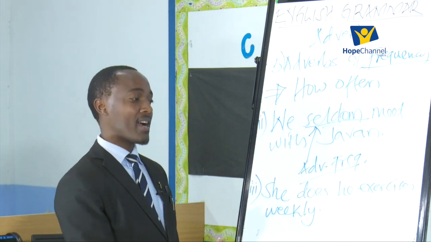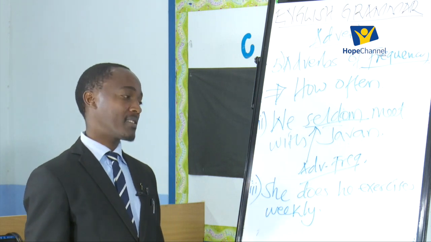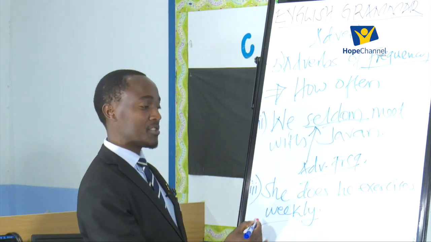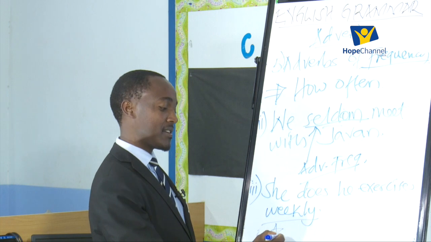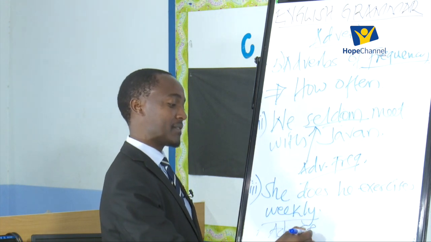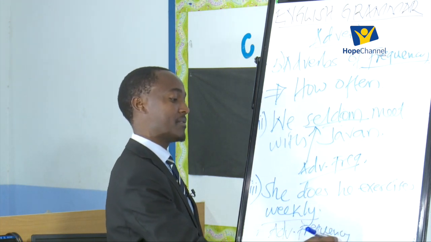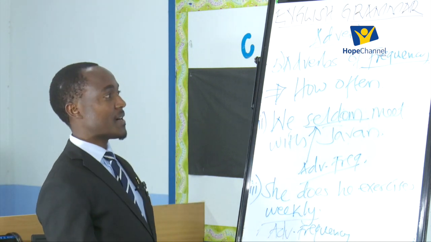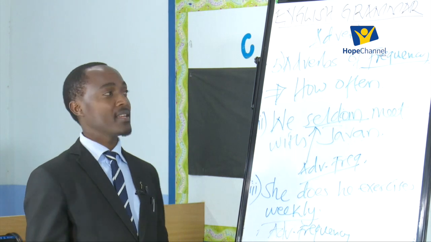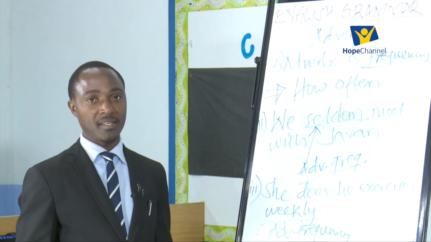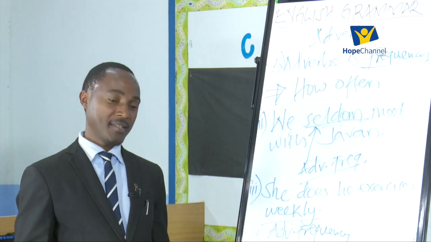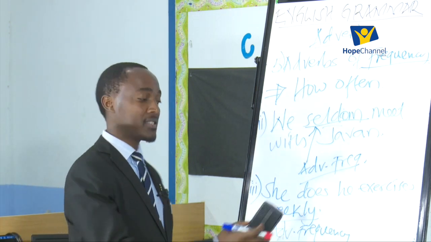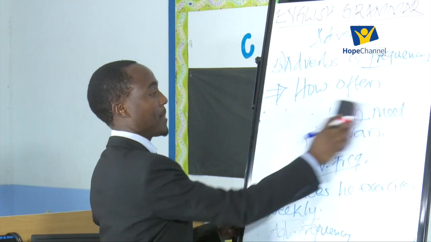But now, weekly. How often does she do her exercises? She does them weekly. So this is our adverb of frequency. Right? So it's as simple as that. Identifying how often the action is done, and then you have your adverb of frequency. Correct?